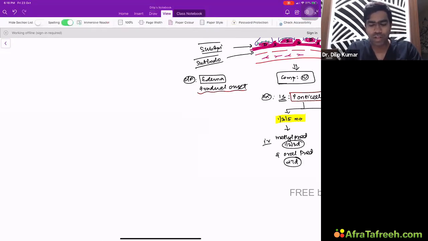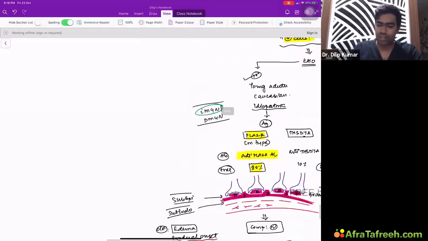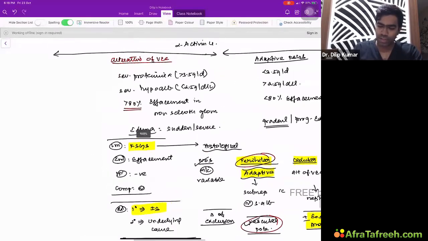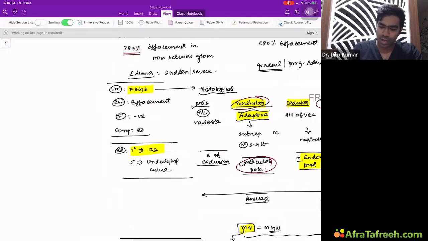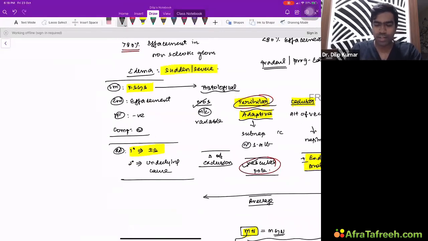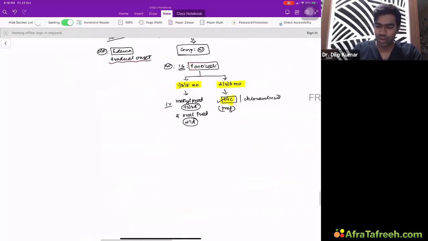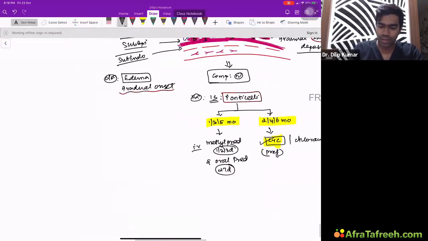Maybe one reason is that in primary FSGS, you will usually have a sudden and severe onset edema. On the other hand, if you go for a primary membranous nephropathy, it's quite different. So this is a clinical finding that can actually help you understand the probable underlying nephropathy. That's why probably the examiners are very obsessed with this question, gradual onset edema. It's very classical of a primary membranous nephropathy.